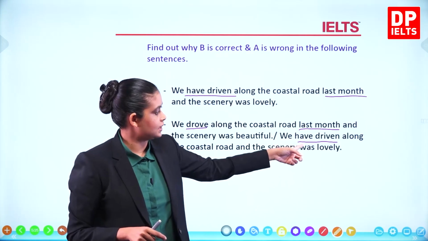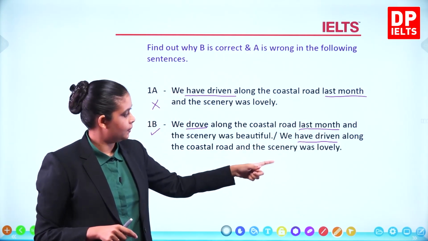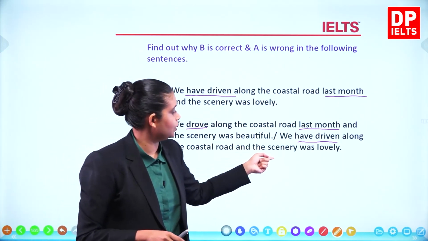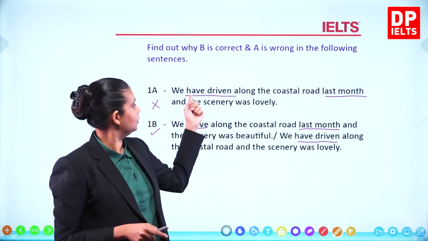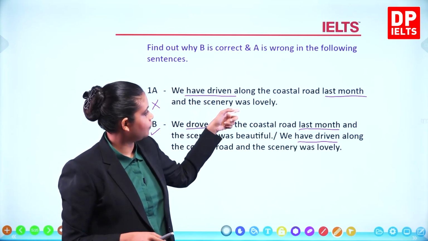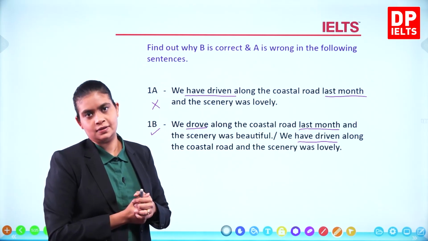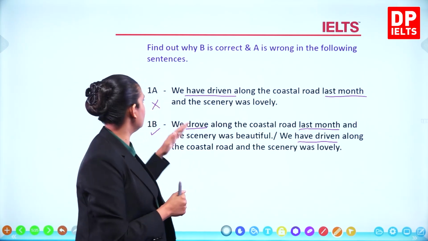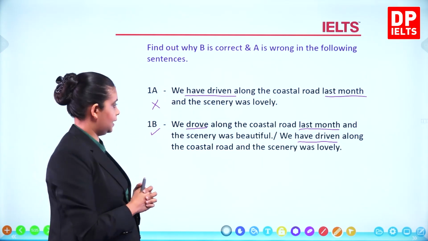Then we have to write have. Driven, past participle of the verb, along the coastal road and the scenery was lovely. So here, either you have to get rid of have driven or you have to get rid of last month to make the first one correct. Okay? So number 1 is wrong. Number 2 or 1B is correct.